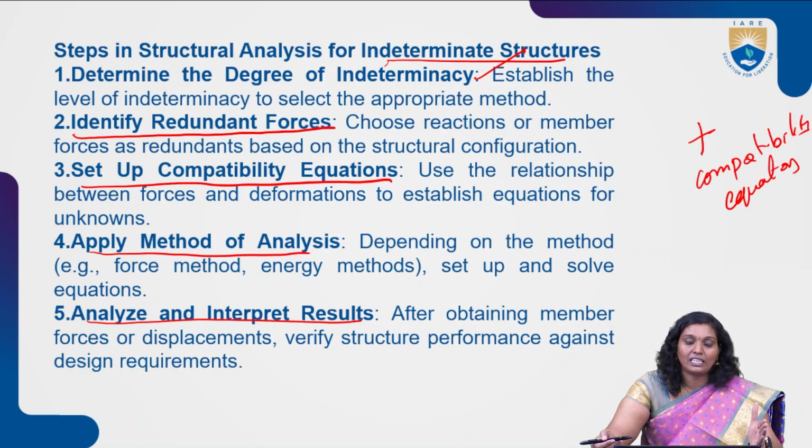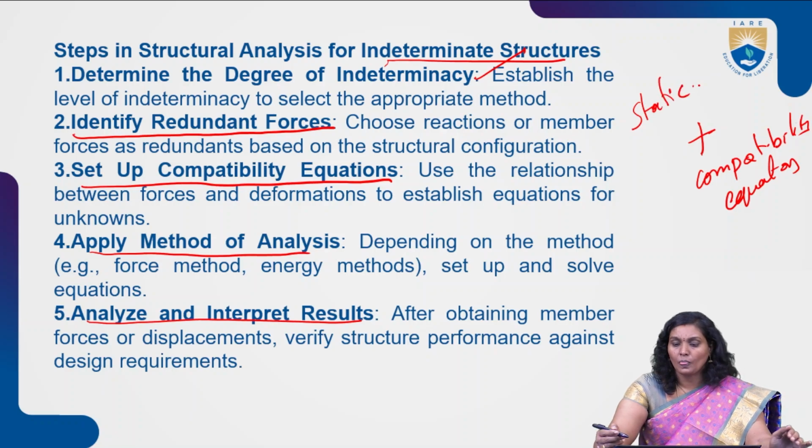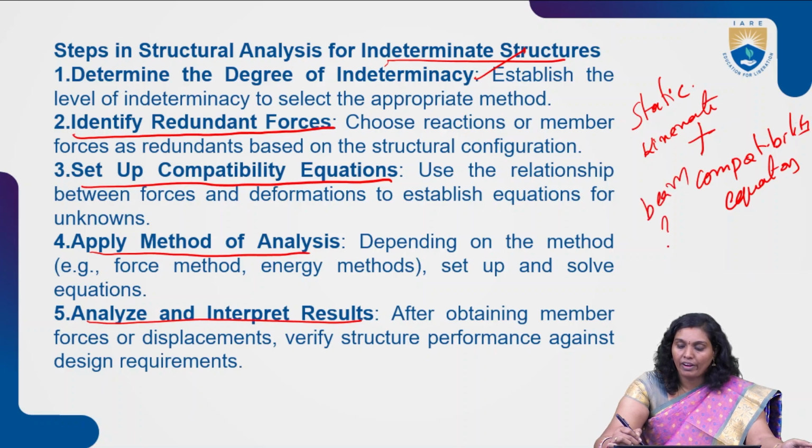Here, to determine the degree of indeterminacy, first we have to understand the indeterminacy level and select the appropriate method. We have different formulas for the degree of indeterminacy based on the type, whether it is static or kinematic indeterminacy, based on whether it is a beam, frame, truss, and also the supports.